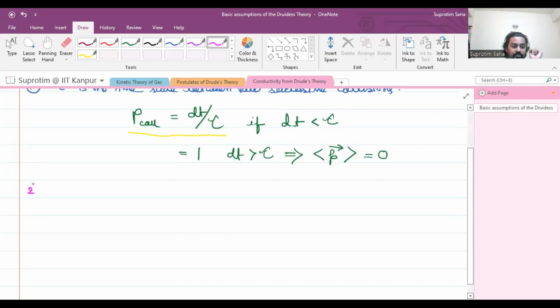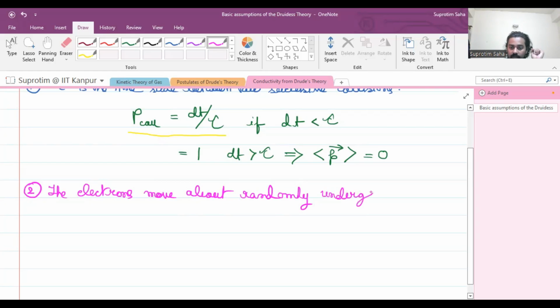The second assumption was, the electrons move about randomly, undergoing collisions. This is just a reiteration.